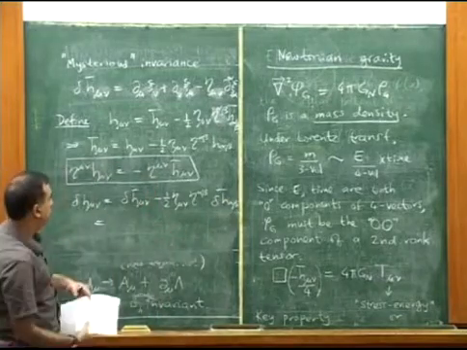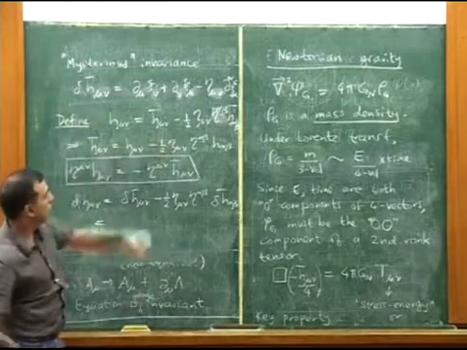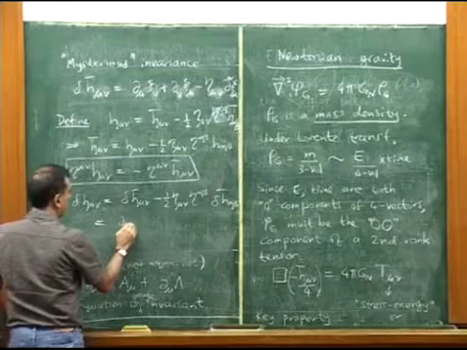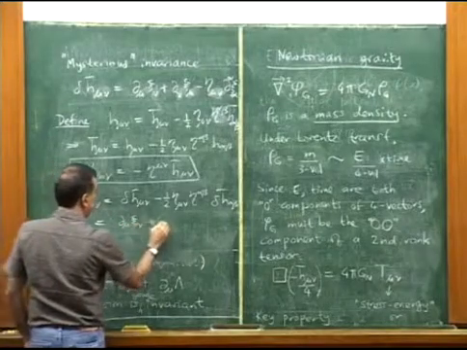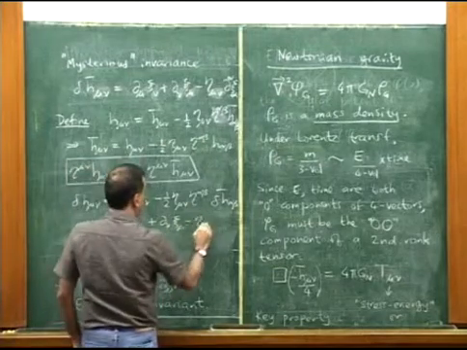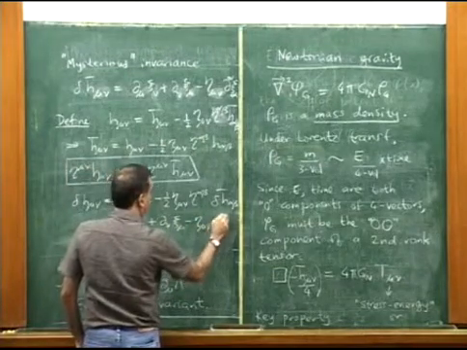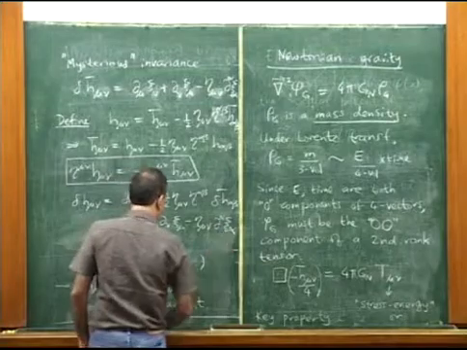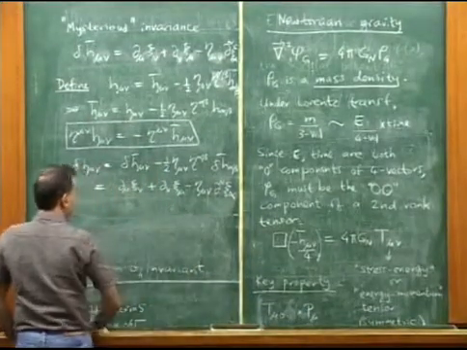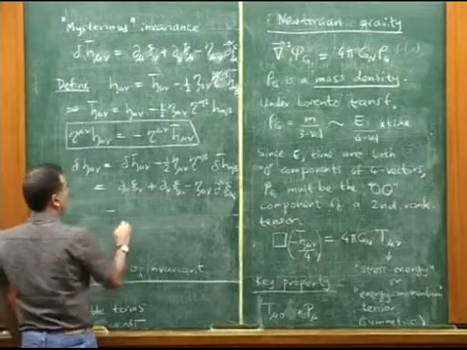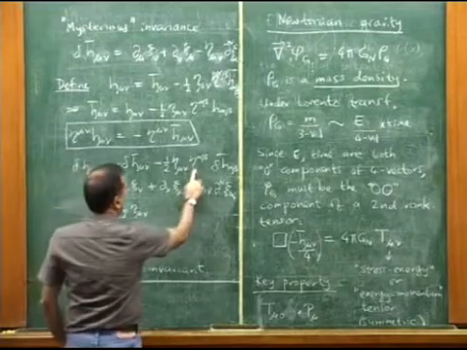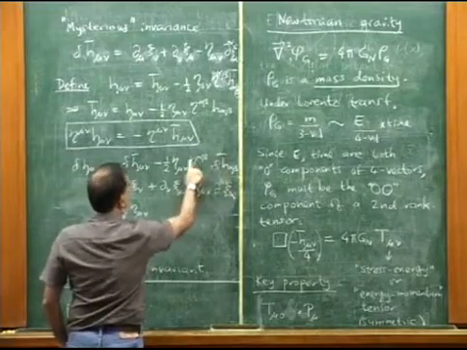Now I know the right side because delta h bar is given up there, so I have to just plug it in. So I get this plus this minus this, minus half eta mu nu, and now this is the variation of the trace.